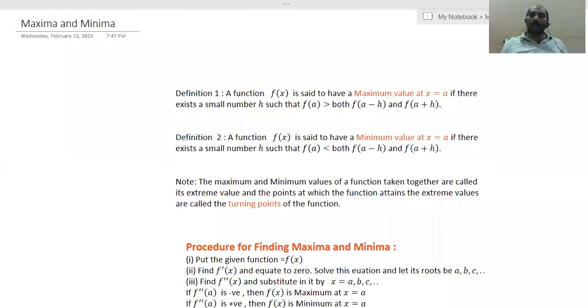Please see. A function f of x is said to have a maximum value at x equal to a if there exists a smallest neighborhood h.